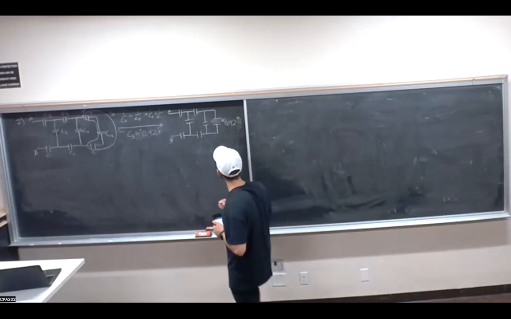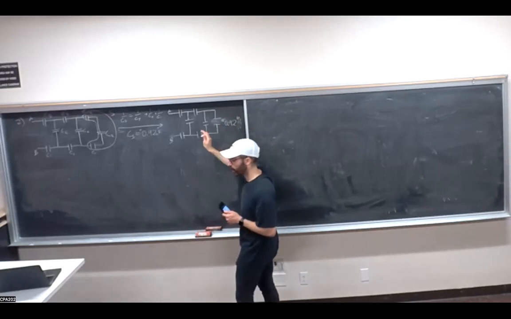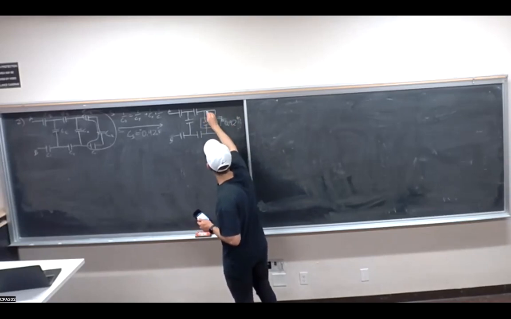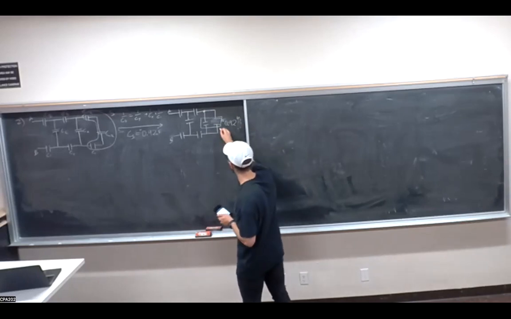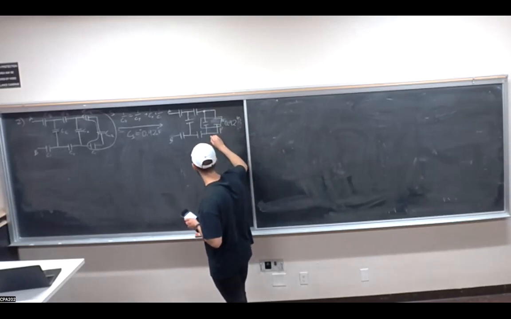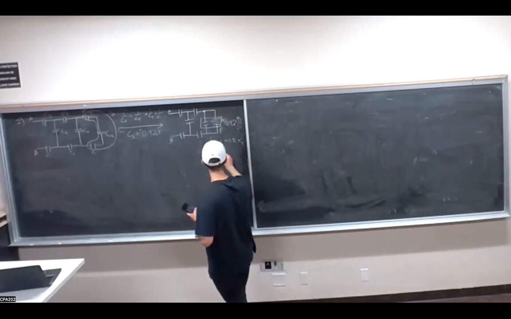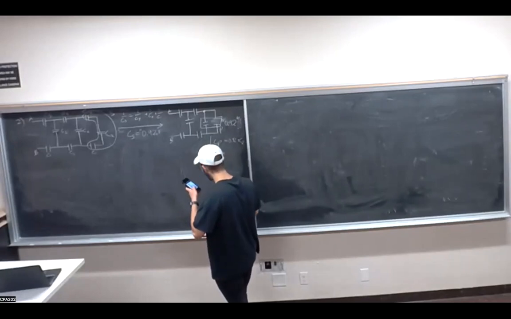I'm going to keep working from outside in. Between these 2, there's a junction right here. The current can go either way. They're in parallel. So capacitors in parallel, we'll call that CP. You just add them up. So that's 0.92 plus C2. CP comes out to be equal to 4.92.